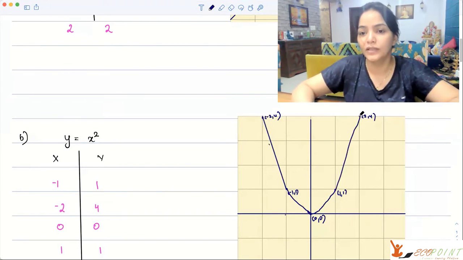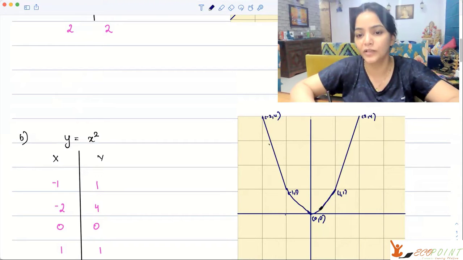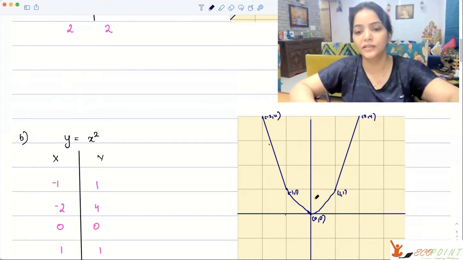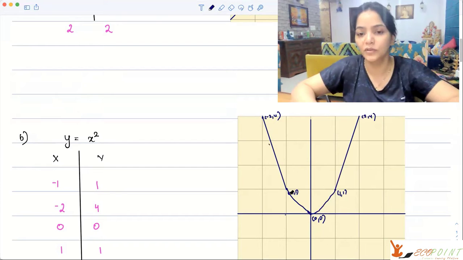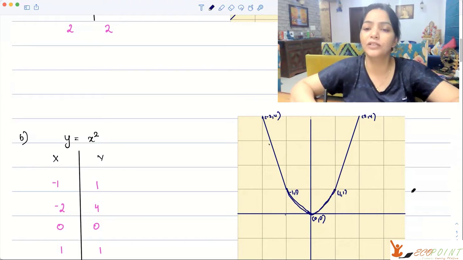So it's basically a parabola. So it's going to be smooth actually here. It's not linear, but smooth. And what is smoothness and all, you will get to know in the coming videos. We will be talking about, of course, smoothness. So this is the graph of x square.